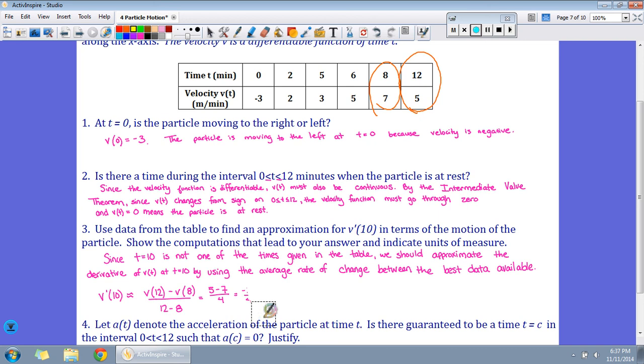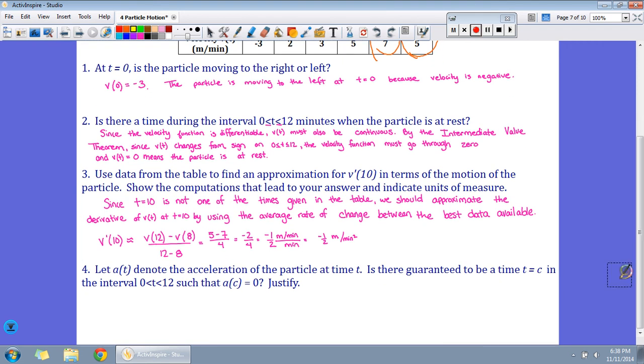So 5 minus 7 over 4 is negative 2 over 4, which equals negative 1/2. The velocity is in meters per minute, and the time is in minutes. So our v prime of 10 is approximately negative 1/2 meters per minute squared.